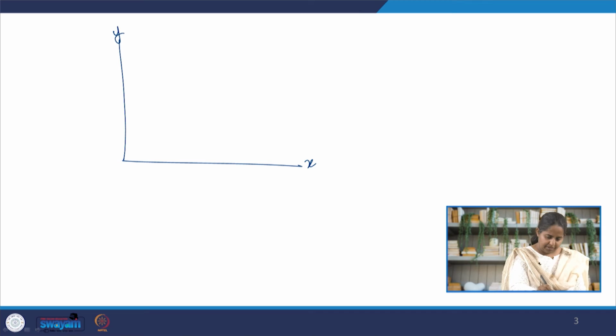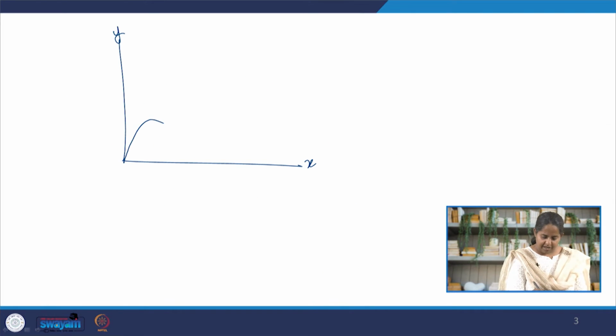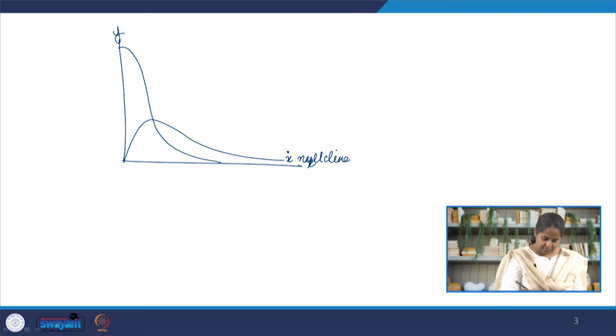So we have x here, we have y here, and we are going to draw the x and y null lines. So this is our x null line. This is our y null line. And this is our trapping region.